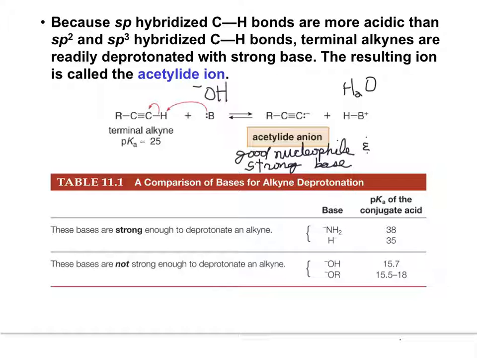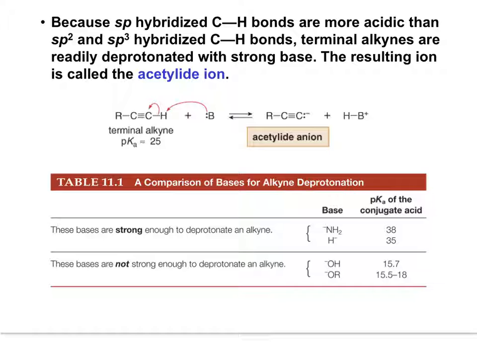Because of that, using a base like sodium hydroxide would have this side of the equilibrium being the weaker side, and because it's the weaker side, the equilibrium would favor going toward that side, and the alkyne would exist as the alkyne rather than as the acetylide ion.